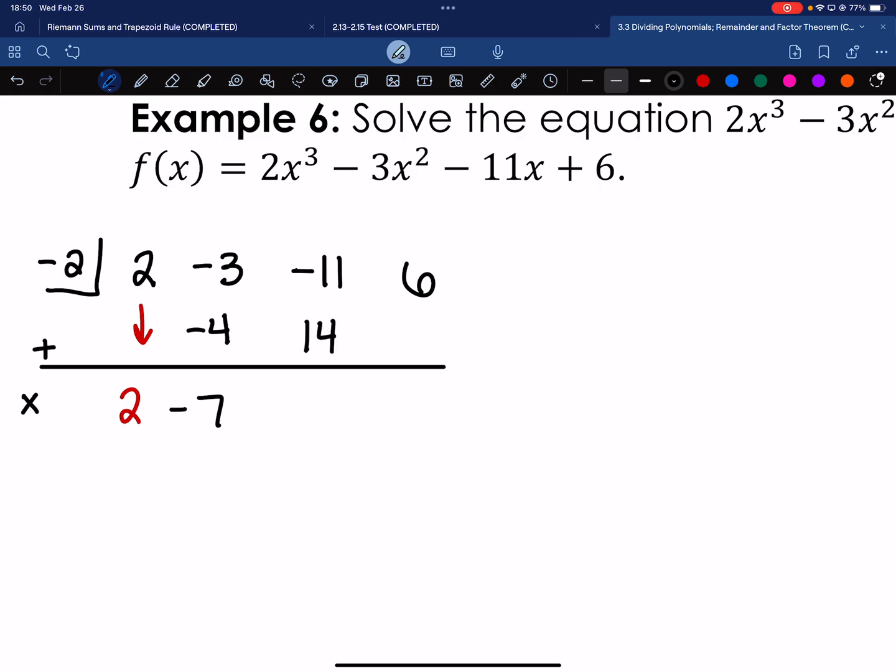-11 plus 14 is 3. -2 times 3, -6. 6 plus a -6 is 0. So we have a remainder of 0.